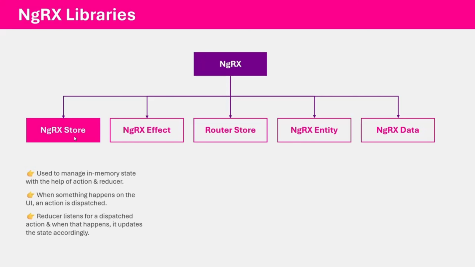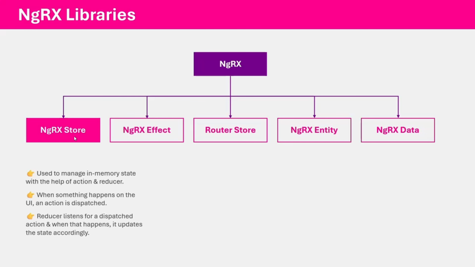NgRx Store is used to manage in-memory state with the help of actions and reducers. When something happens on the UI, an action is dispatched, and a reducer function listens for the dispatched action and updates the state accordingly.